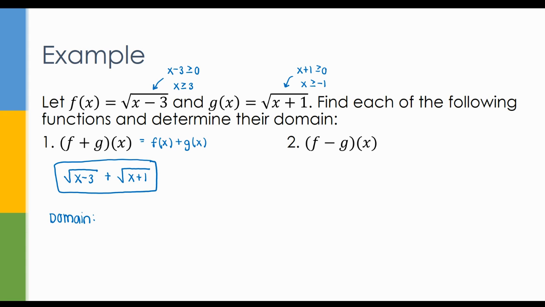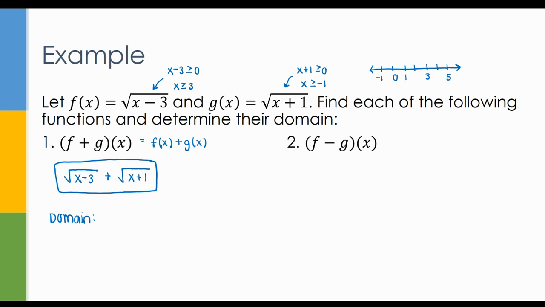So both of these have restrictions, which means that I want to find what they have in common, because essentially that's the two different terms that I have with the addition. So I need to find where do they start overlapping. Okay, so you can think about it like we did in the first half of chapter 2. Okay, I could go from negative 1, 0, 1, 2, 3, 4, 5.